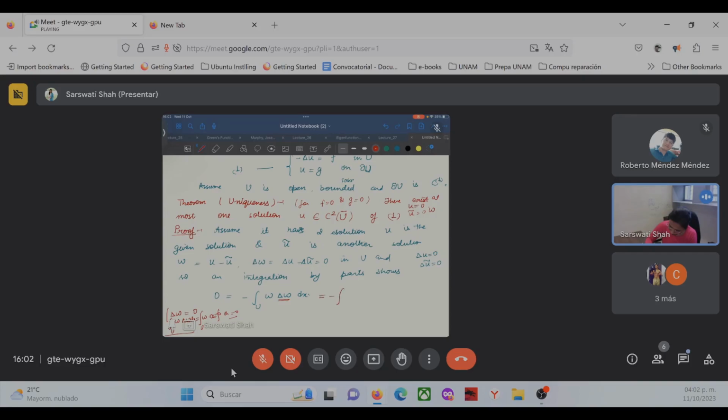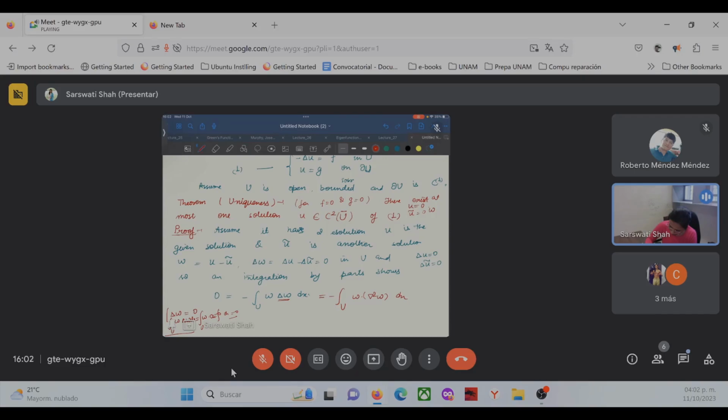Now, if you guys remember, what is this del W? This is basically this operator, and if we use the integration by parts formula, the value of W is going to vanish on the boundary.